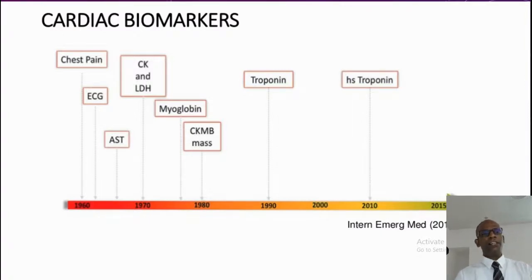Initially, many cardiac markers were used: AST, CPK, myoglobin, and troponin. But up to 2010, the conventional troponin assay was done, that is troponin C and troponin I.